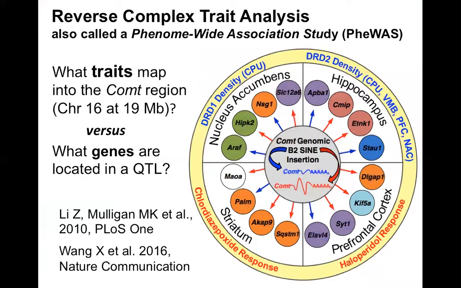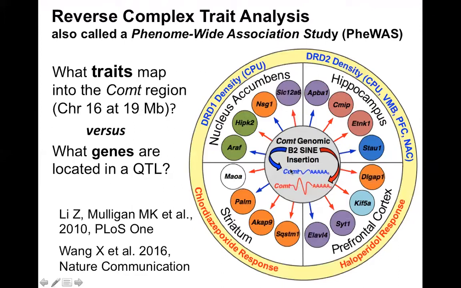This is an example of this kind of reverse complex trait analysis or phenome-wide association study. In this case, the well-known gene that degrades a lot of the catecholamines, catechol-O-methyltransferase, is in the middle of this circular diagram.